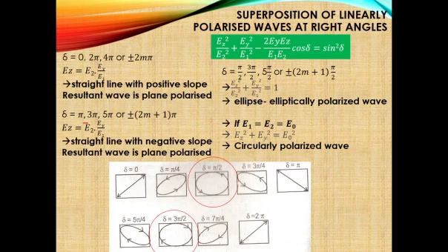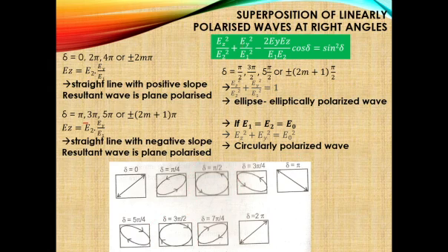So it is a special case of superposition of orthogonal waves with the same amplitude. If it is just orthogonal waves with different amplitudes, you'll get an ellipse, while if they have the same amplitude, you'll get a circularly polarized wave. So how do we get the same amplitude?